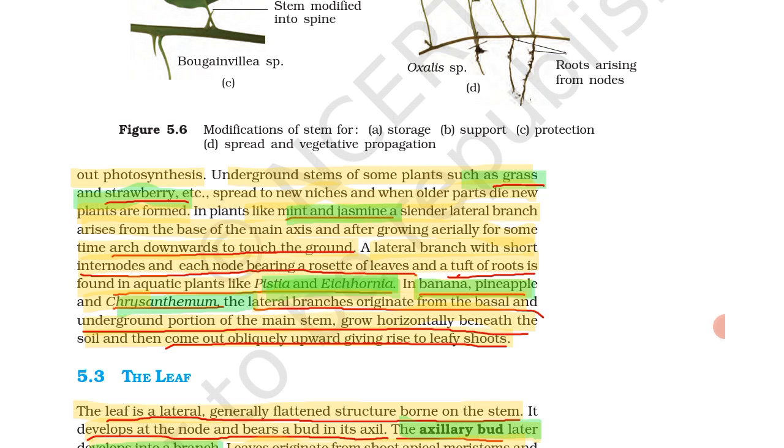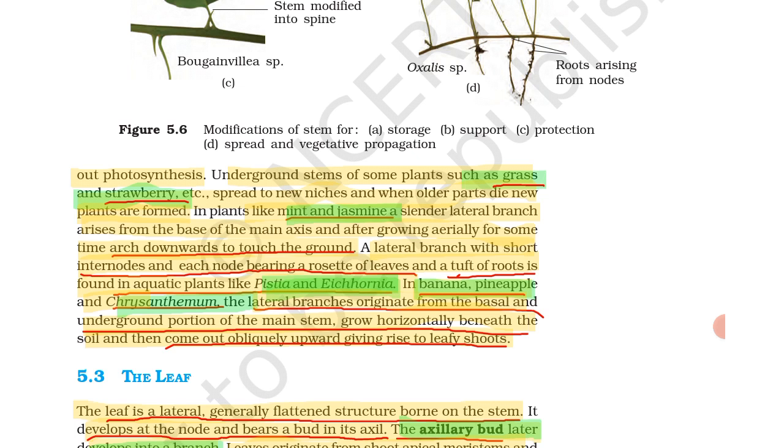After some time they come above the ground obliquely. The examples are chrysanthemum, banana and pineapple.